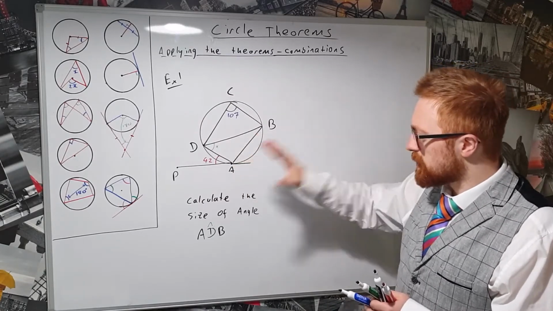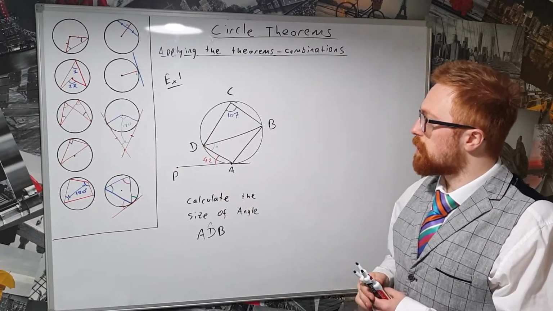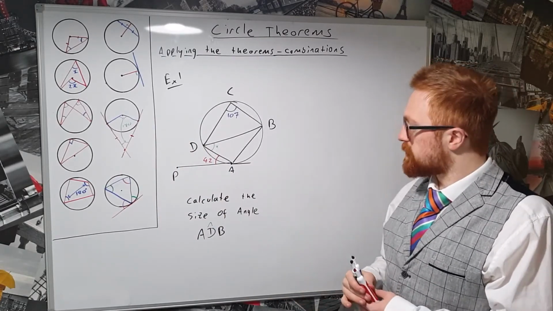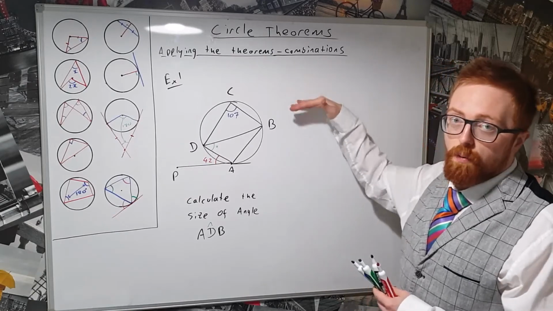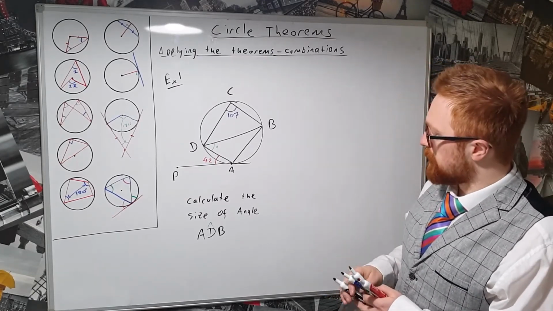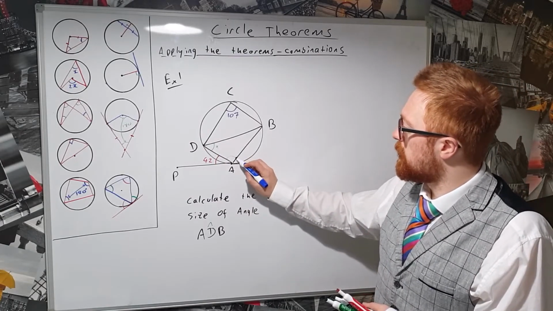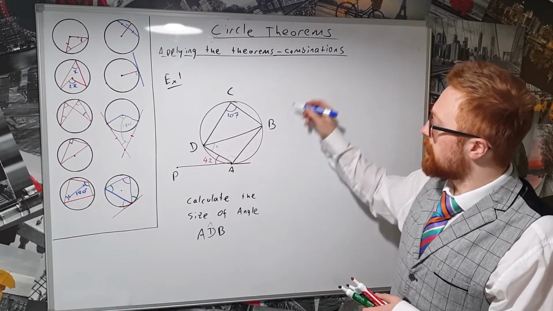Now in an exam question, particularly one where we're using lots of different circle theorems, and generally to be good mathematicians, we need to be writing what we're doing at each step. So the first thing we're going to try and find is this angle here, which is angle DAB.